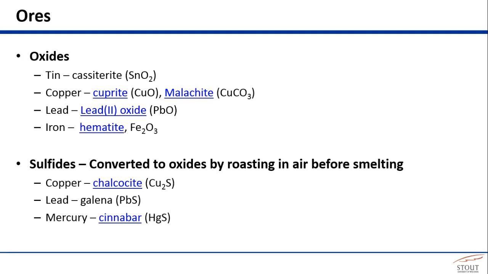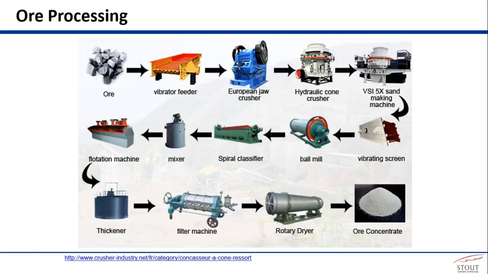Lead oxide, hematite, Fe2O3, magnetite, Fe3O4. I'll pass around a magnetite later on. Some different sulfides: copper, lead, mercury, galena, cinnabar, chalcocite. So these are the raw materials from which we get some of the most commercially important metals.